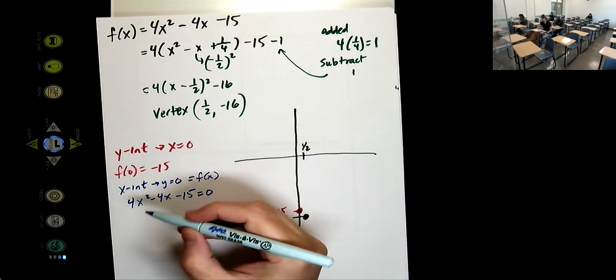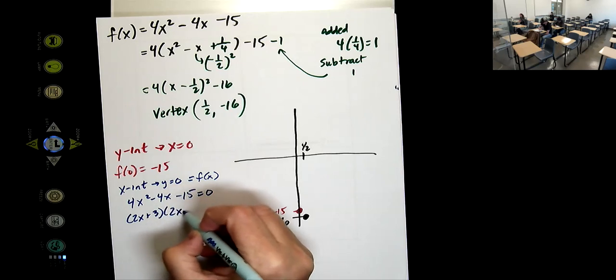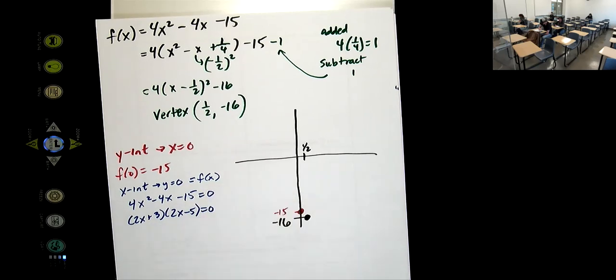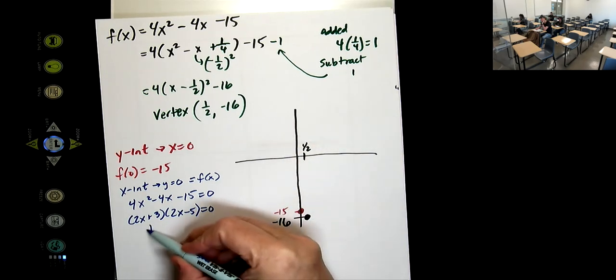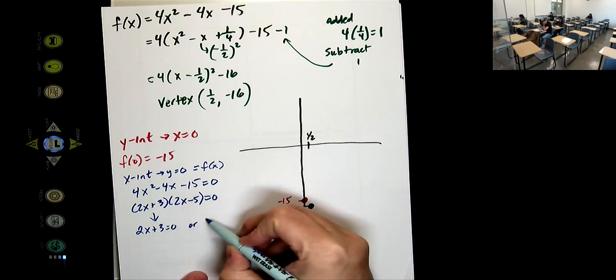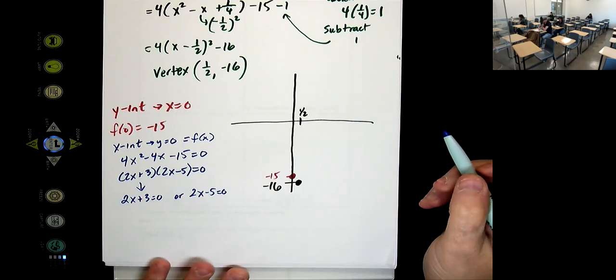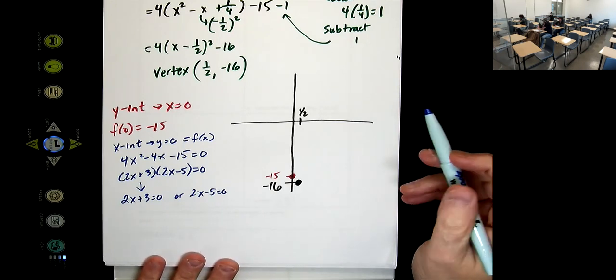If you wanted to speed it up, it is 2x plus 3 and 2x minus 5 equals 0. So 2x plus 3 equals 0, or 2x minus 5 equals 0. Well, so you guys did pretty well when you got to this point on the test.